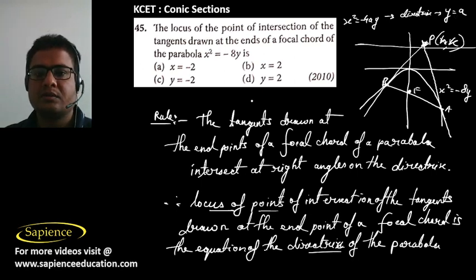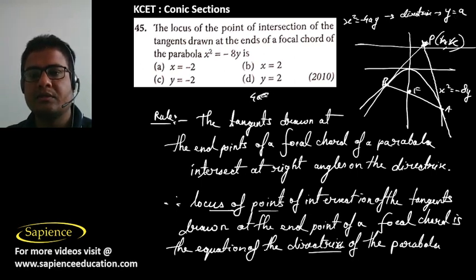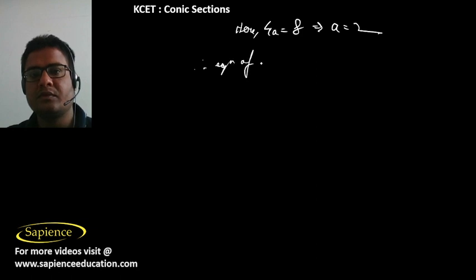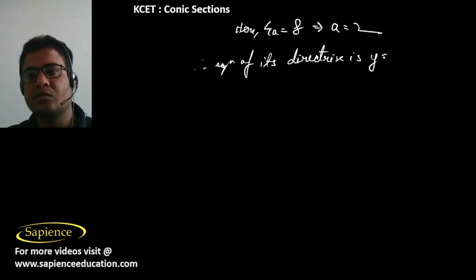So here 4a is equal to 8, so a is equal to 2. So therefore the equation of its directrix is y equal to 2.